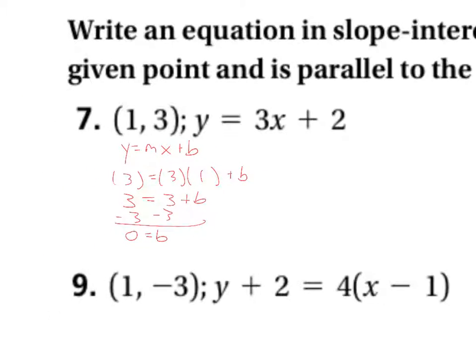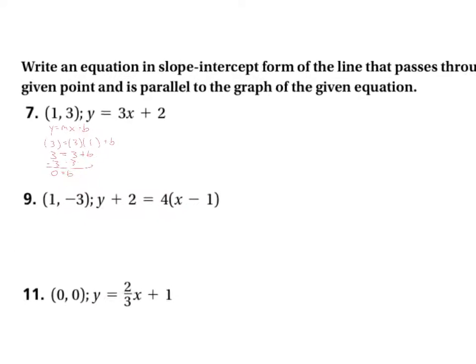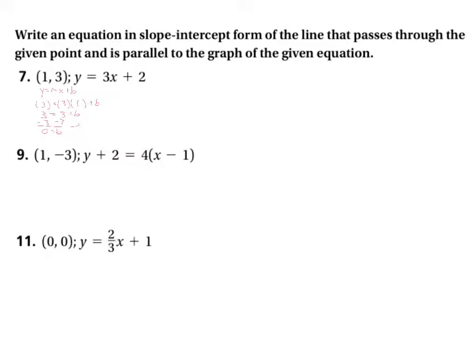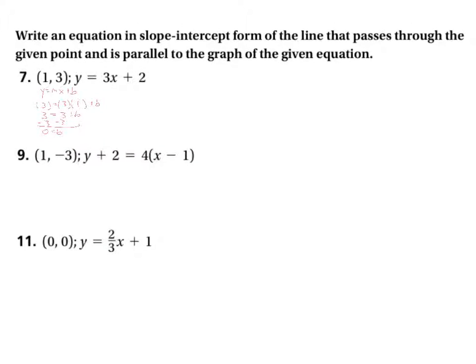What does that mean? Well, if we zoom it back out, I hope that doesn't mess with your head too much, we're going to write the equation y equals 3x, because we're using the same slope of 3.